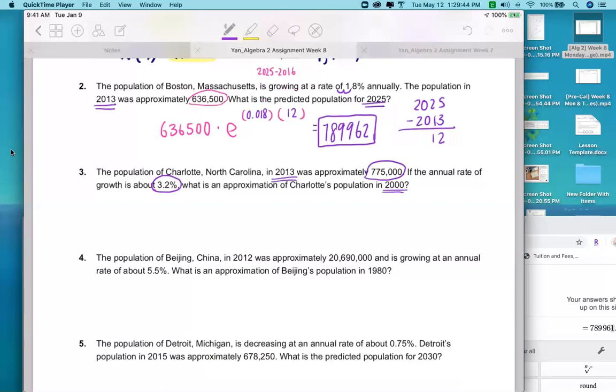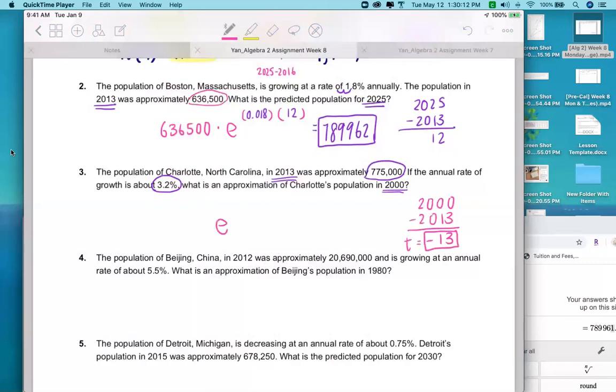So we're going backward. We're not predicting the population, but we're going backward. So that means your population will obviously be less. Okay. So in this case, we're still going to take 2000, whatever they want, minus 2013. And this answer would be negative 13, right? This is what you're going to substitute for t.